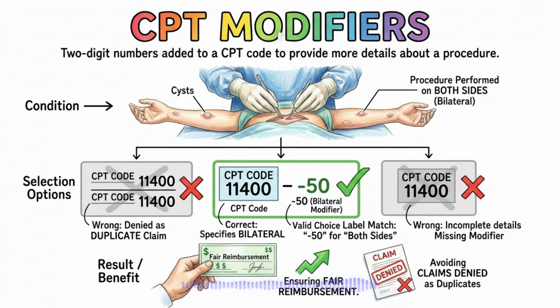For example, if a surgeon removes cysts from both the left and right arms during the same session, you would add a specific bilateral modifier to show the procedure was performed on both sides. Using the correct modifiers is critical for ensuring fair reimbursement and avoiding claims being denied as duplicates.